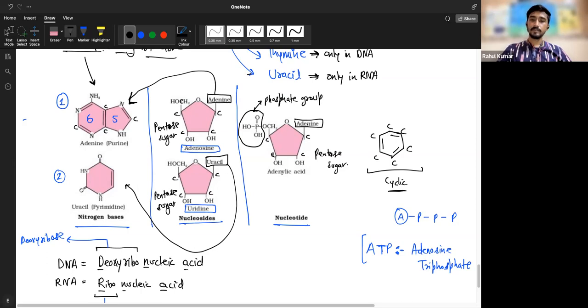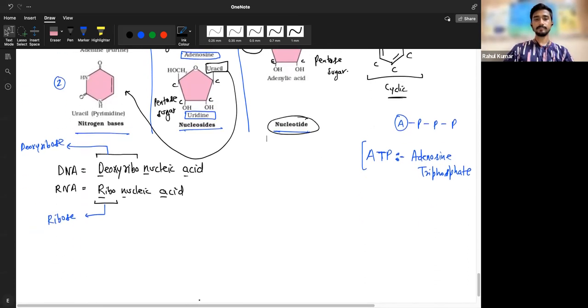This is additional. So write down: a nucleoside, when attached to a phosphate group, becomes a nucleotide. Is it clear?